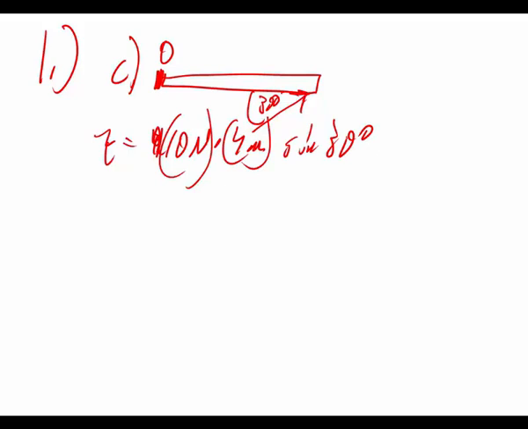And what do we get? 20 Newton meters. It's real easy math. And it's also, let's see, what direction? Same, out of the page. So I'm going to put a dot and circle it. That's the direction, out of the page.